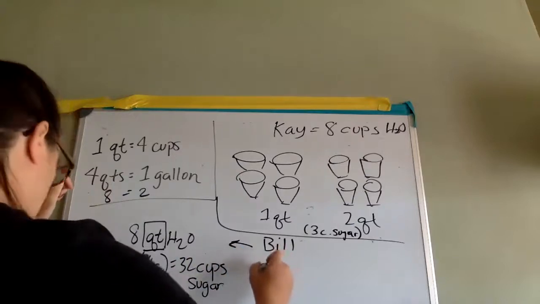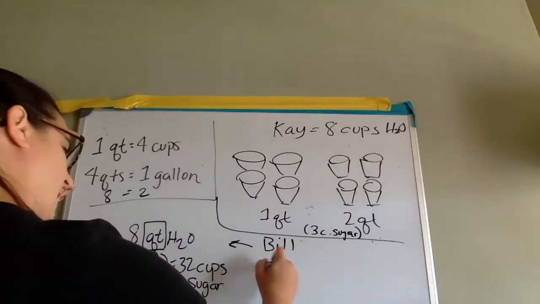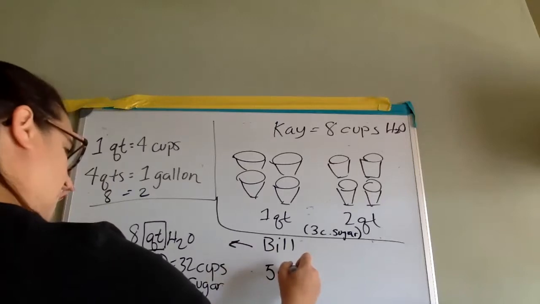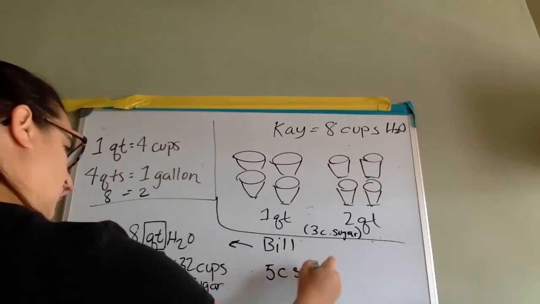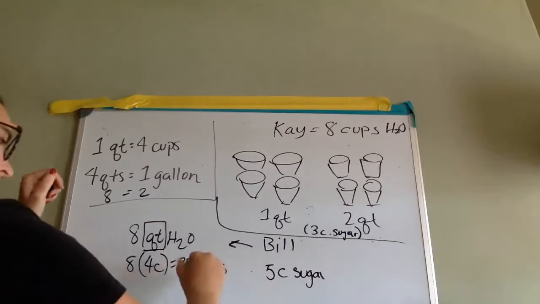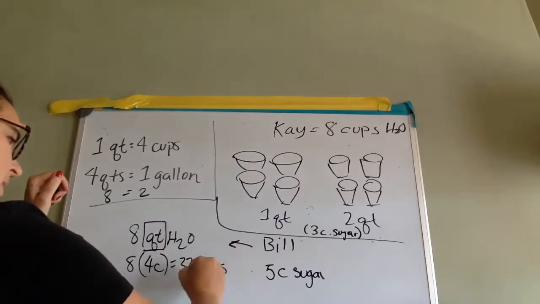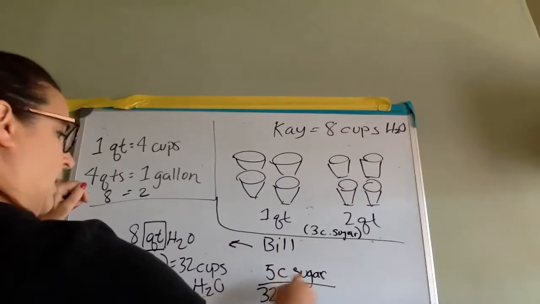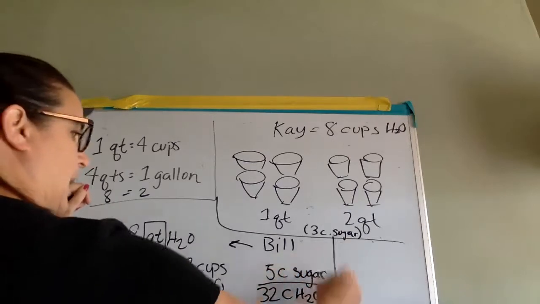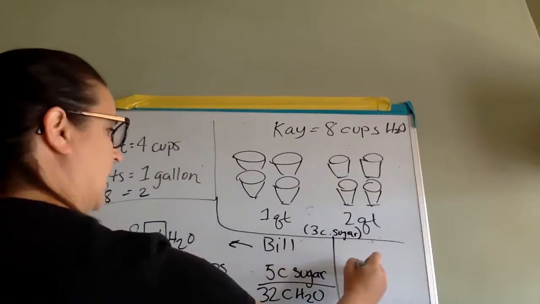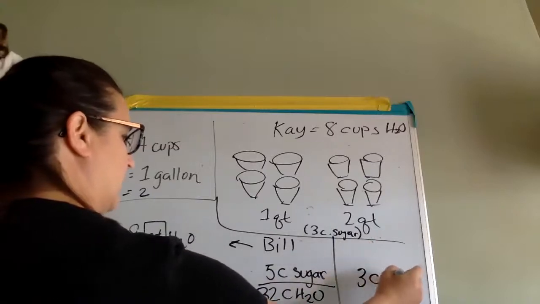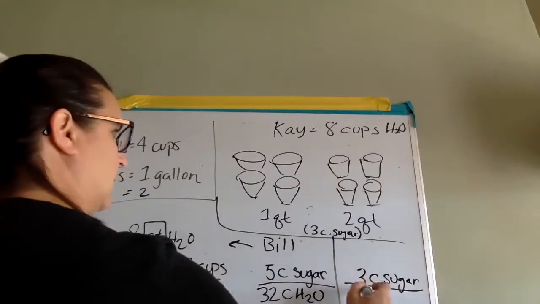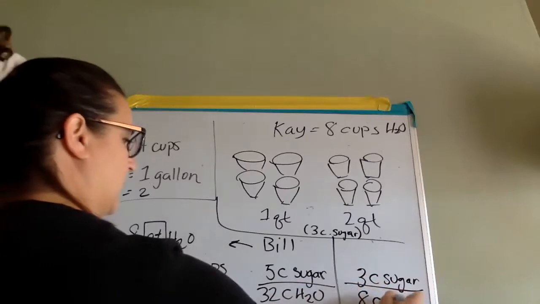So Bill has 5 cups of sugar, the corn sweetener, to 32 cups of water. And Kay has 3 cups of sugar to 8 cups of water.